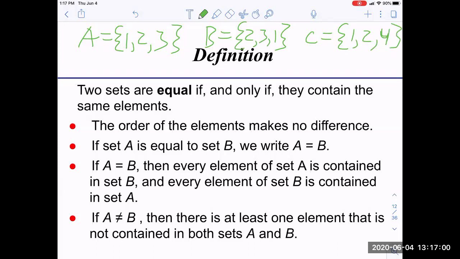Well, since the order of elements makes no difference, we can see that A is equal to B. But now there's an element in C that's not contained in either of these, so A is not equal to C, nor is B. B is not equal to C. And that's the end of this first part of the section.